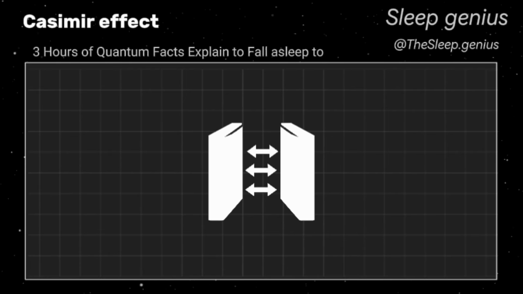The imbalance in pressure between the constrained interior and the unconstrained exterior generates a net force, drawing the plates together. This subtle, almost ghostly force illustrates how the structure of the vacuum itself dictates physical interactions, revealing a universe that is more active and intricate than our senses suggest.